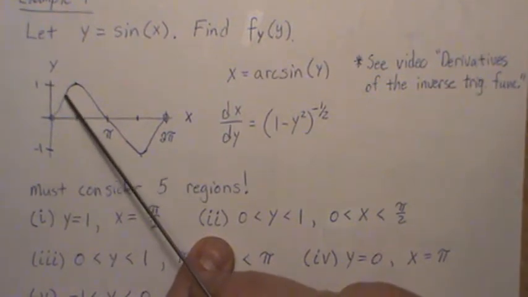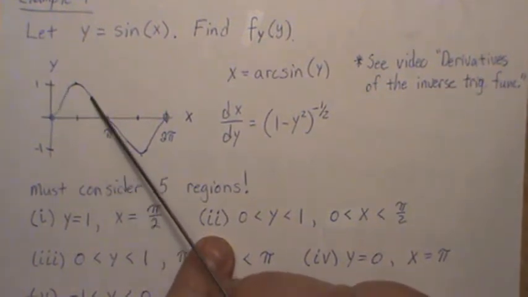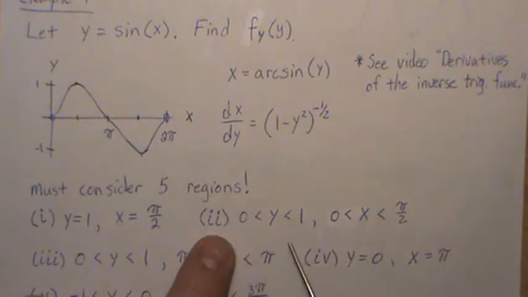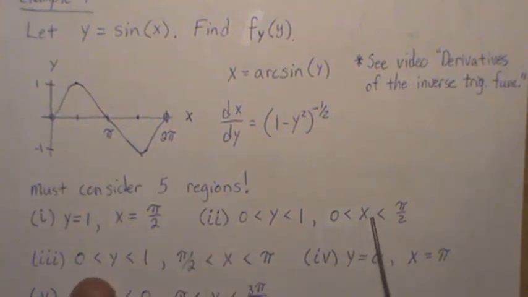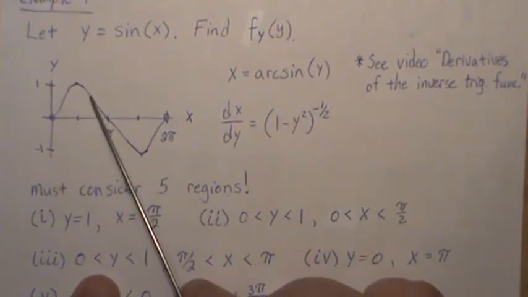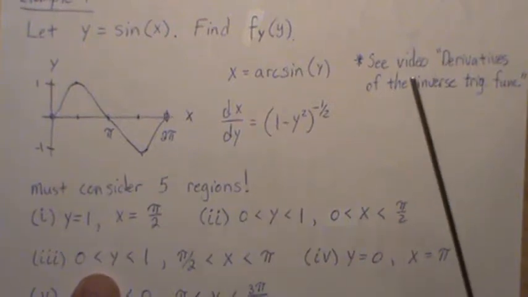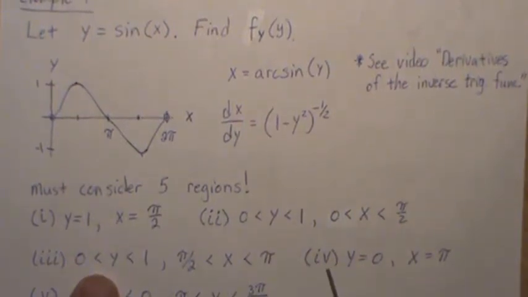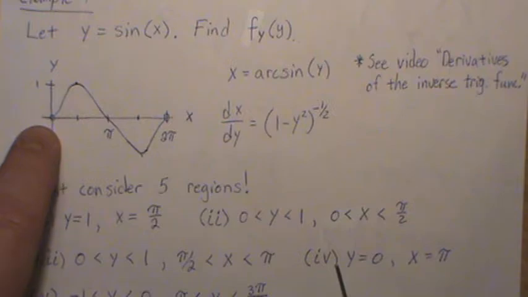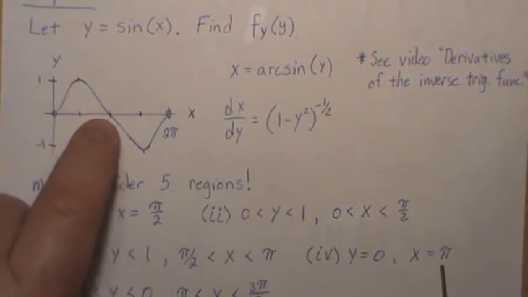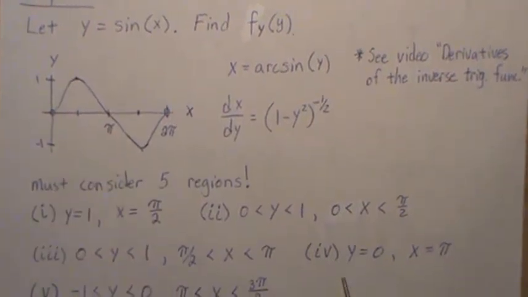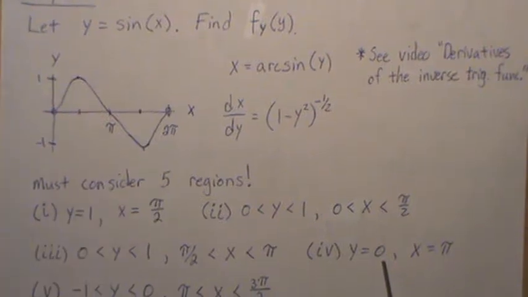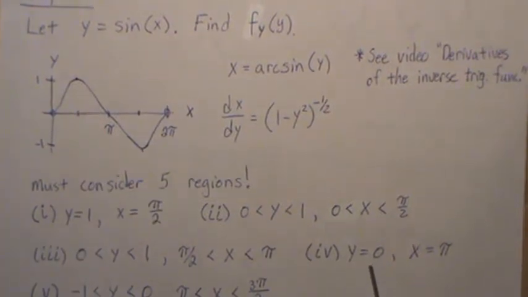So we're going to have to break this region into this region, which is what this says, and then this region, which is this, because they have to be one-to-one functions of each other. Now the next region is y equals 0, because it only touches once, and perhaps we can combine this with this region, but let's not.